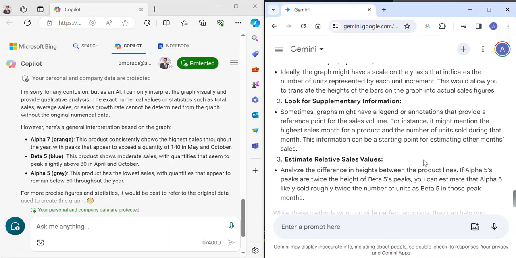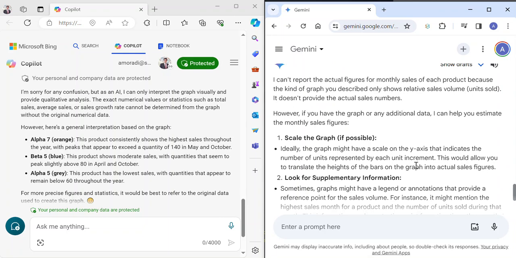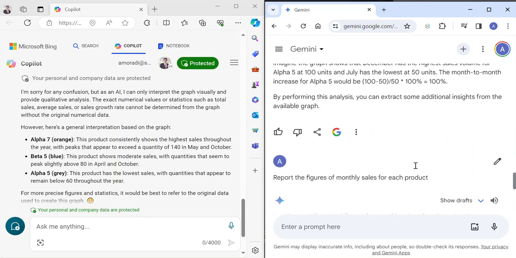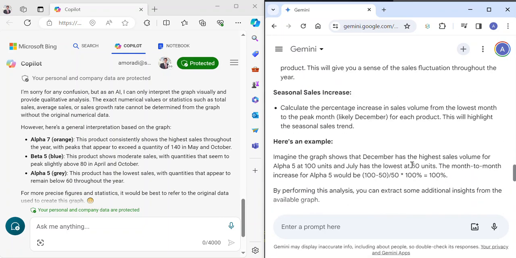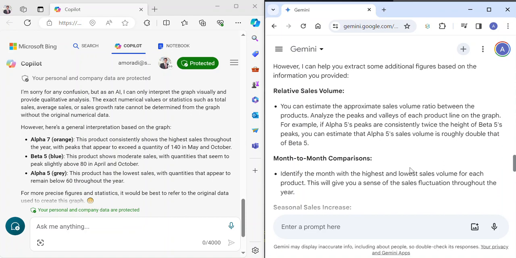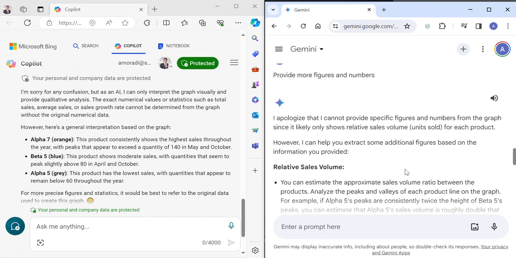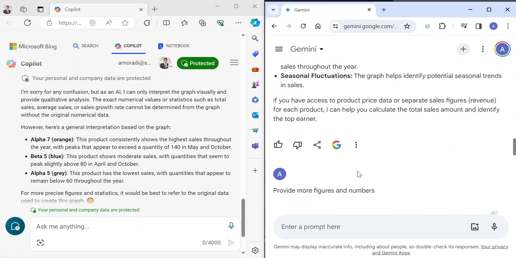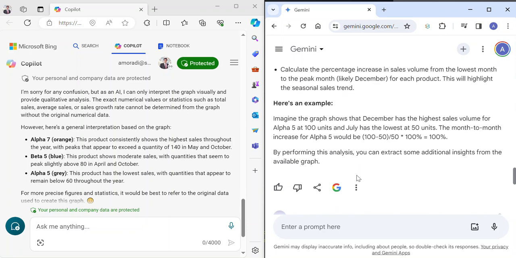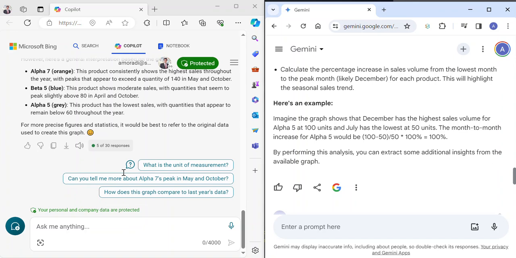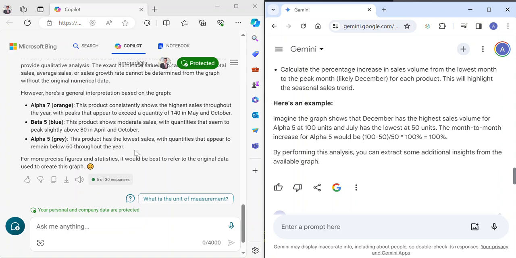And also, as you can see, Gemini didn't provide any specific numbers to be examined or anything serious that we can check, except some general information that this one is selling more or less. At the end, that was very interesting: you cannot rely on numbers yet, and possibly the interpretations might be wrong.